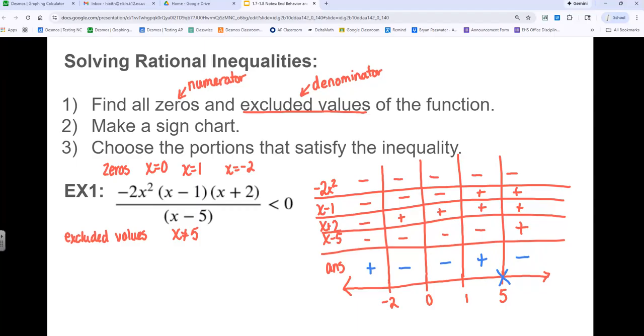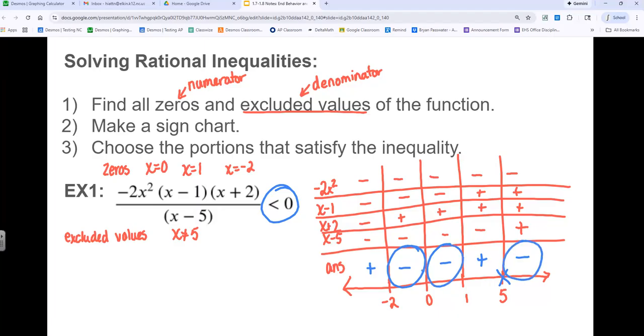Okay. So for this, Zane, our answer is going to be positives or negatives? Negatives, because we have a less than 0. So we're looking for the negatives here. Now, I have a less than.